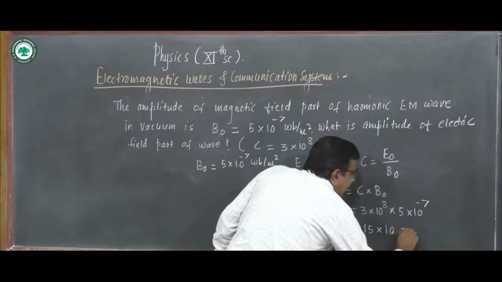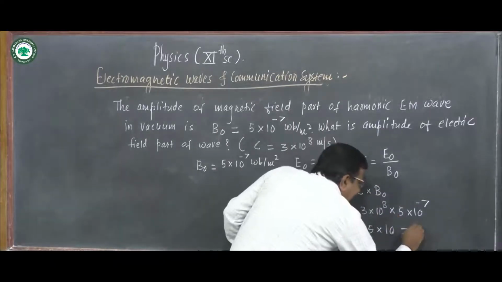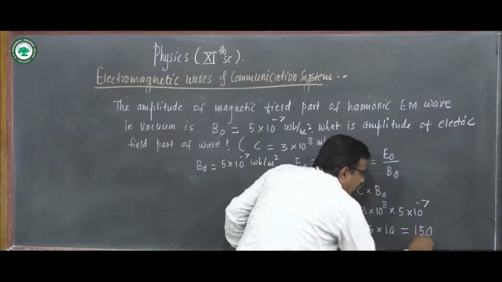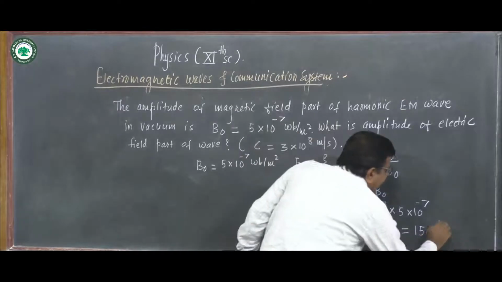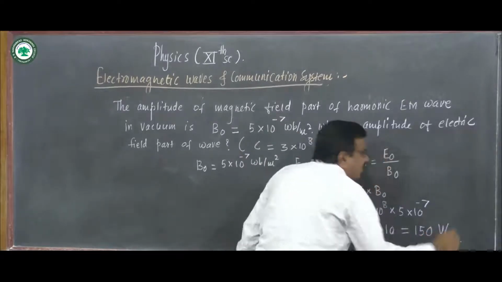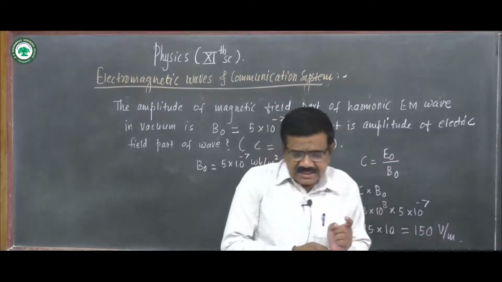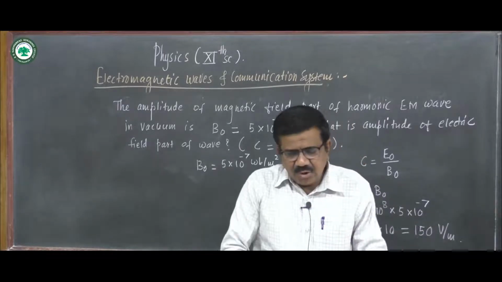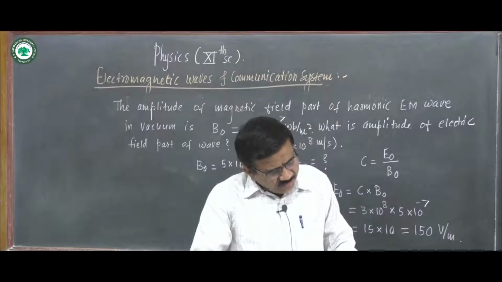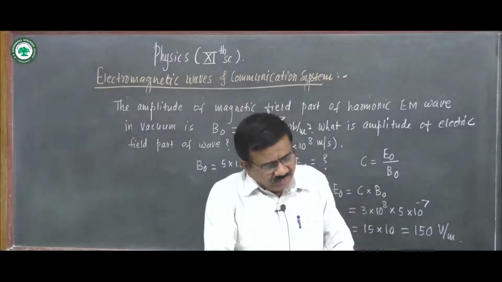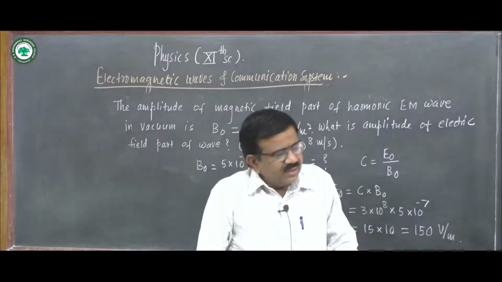So the amplitude of the electric field part is 150, and its unit is volt per meter. So this is also one simple numerical which carries 2 marks.